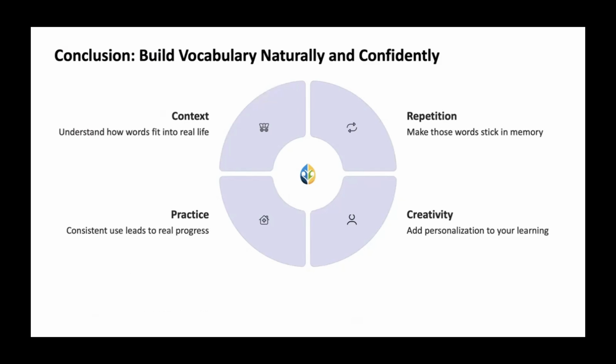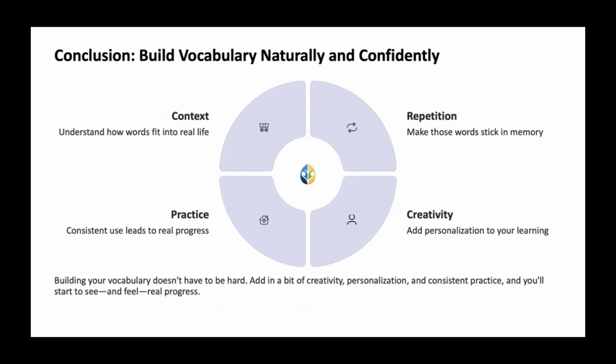Consistent practice use leads to real progress. You can use the 3-21-84 formula that I just gave you previously. Building your vocabulary doesn't have to be hard. Add in a bit of creativity, personalization, and consistent practice, and you'll start to see and feel real progress.